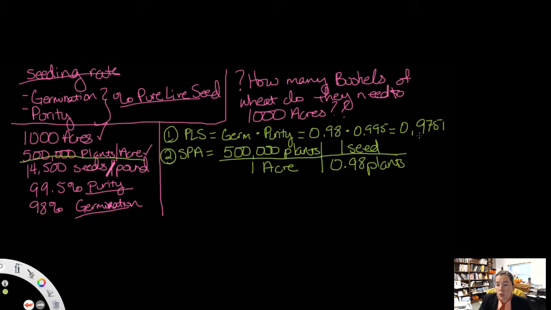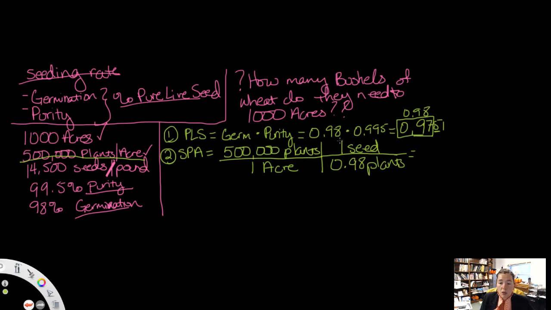Because general rule of thumb, we're going to round to 2 decimal places. So that makes this value 0.98 because the 5 causes this to round up. So remember, when we're working with these conversion factors, we're going to multiply all the numbers across and then divide by all the numbers at the bottom.